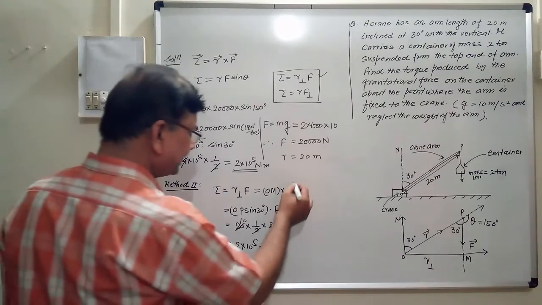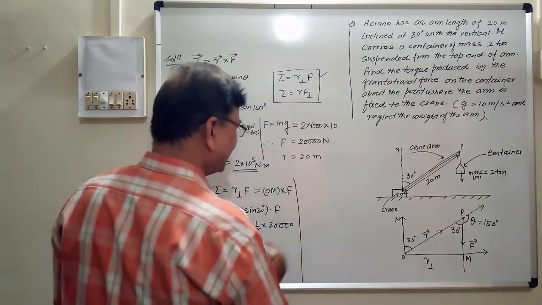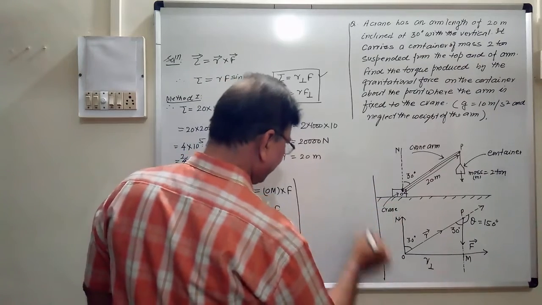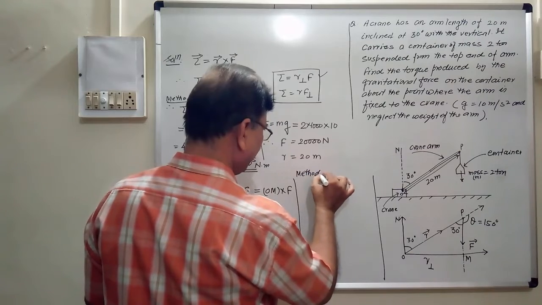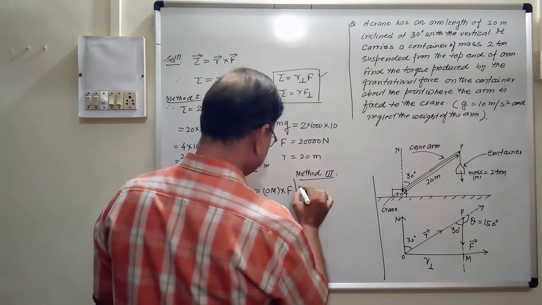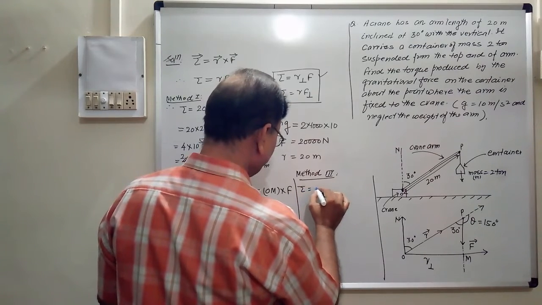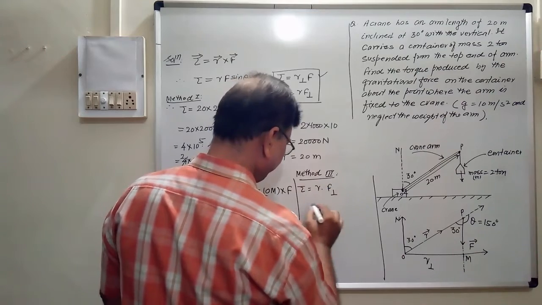For method 3, in a similar manner I will do. I will be writing over here method 3. That is tau is equal to R into F perpendicular.